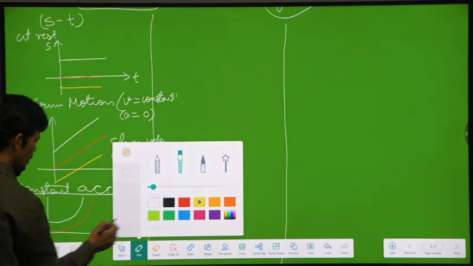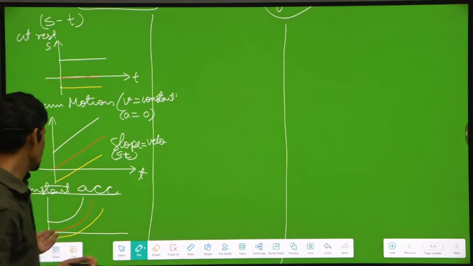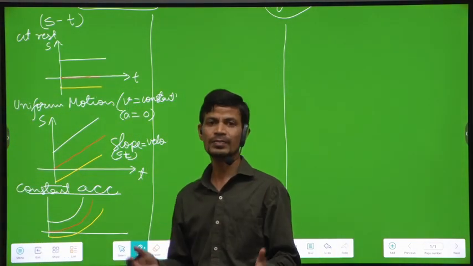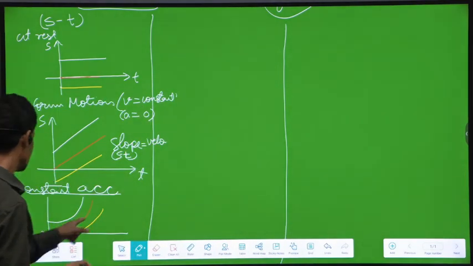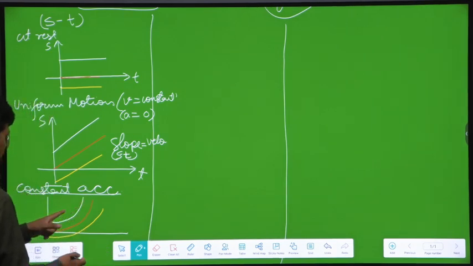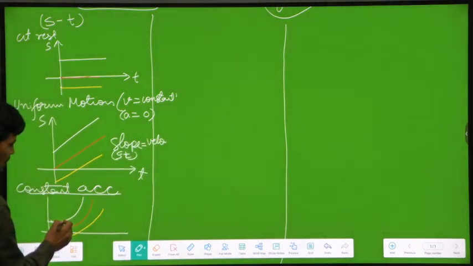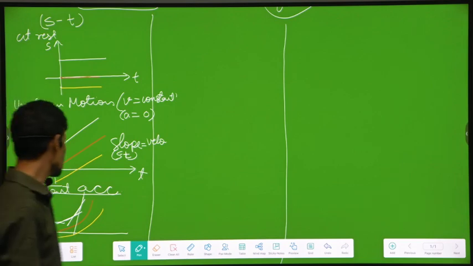I hope it is very much clear that the starting point of the graph line can be anywhere with respect to the reference point we have chosen. So it can be any of them, but with constant acceleration its slope will continuously increase. See, this is how their slope is increasing. First the slope is this, then this, then this, and then this.